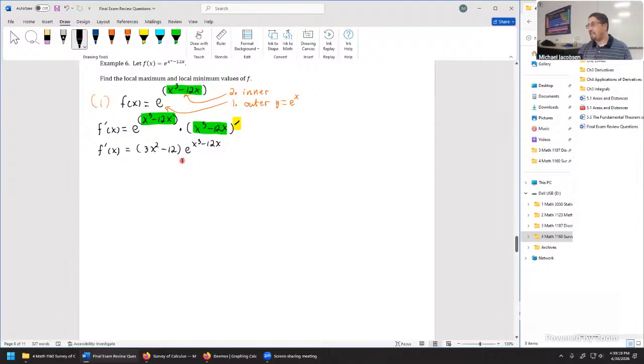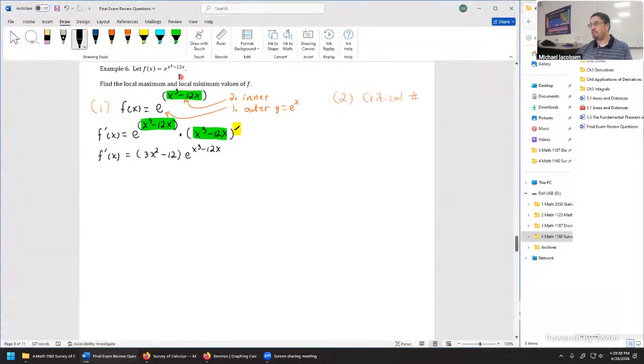Now, once we have that, step 2 is get the critical number. So step 1, just differentiate whatever your function is. Let me scroll up just a touch. There we go. Here's the function, now differentiated.